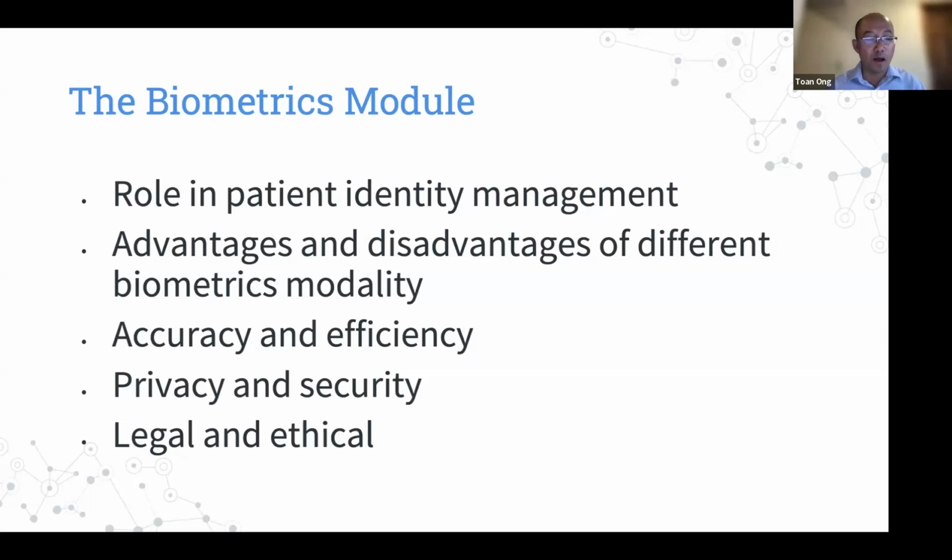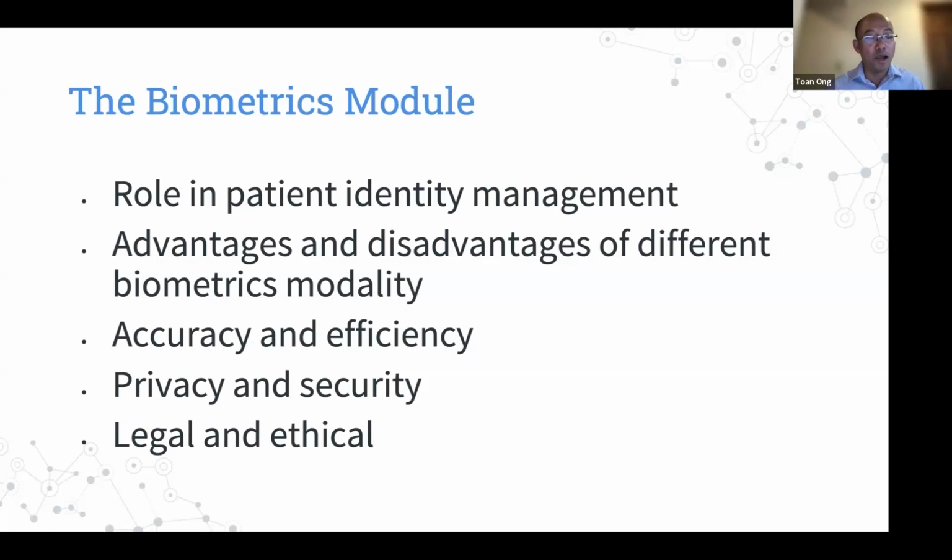We also talk about privacy and security. Biometrics information is unique. However, it cannot be changed, right? So protecting the privacy of biometrics information is important, because if that is jeopardized, then it might have very serious consequences.